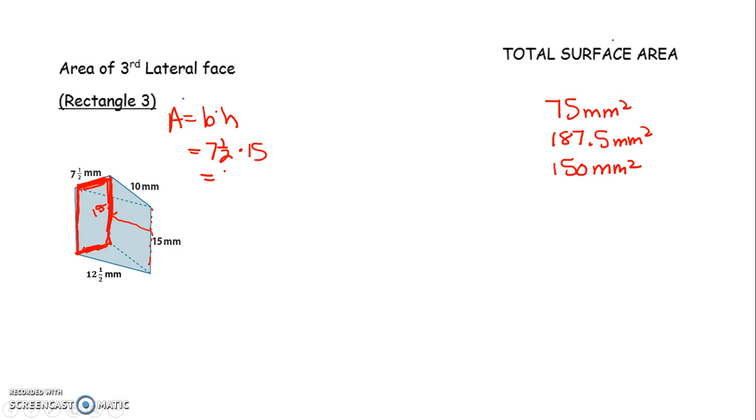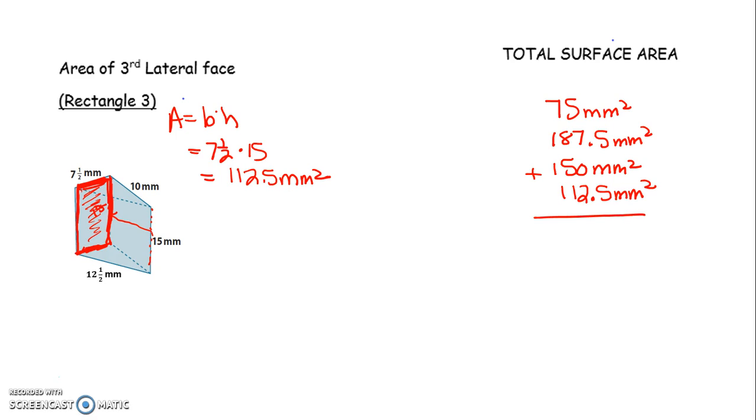And what's 7.5 times 15? 112.5. So the area of this final third rectangle is 112.5 millimeters squared. So to find the area total, we simply add up the area of both our triangles and our three rectangles, and that'll give us our total surface area.